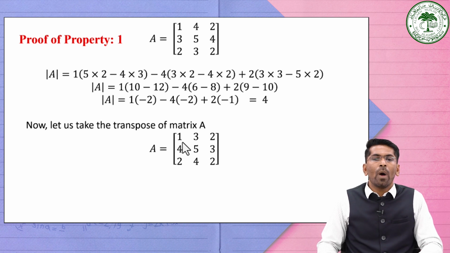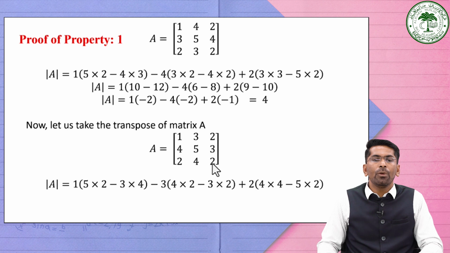Then see here, 1 into (5 into 2 minus 3 into 4), minus the second element, that is 3, into (crossing the concerned row and column) 4 into 2 minus 3 into 2, plus the third element, that is 2, into (the concerned row and column deleted) 4 into 4 minus 5 into 2.